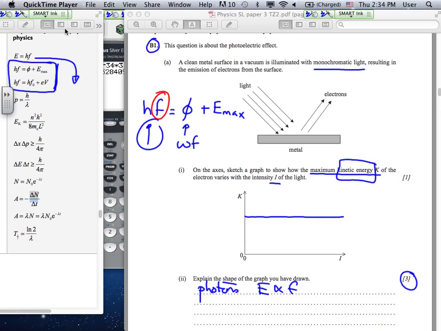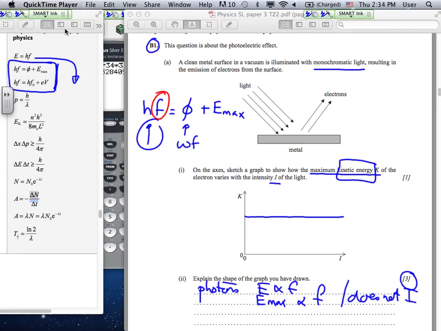And therefore the maximum E max will therefore also be proportional to the frequency of the incoming light. And therefore it does not depend on the intensity of the light.